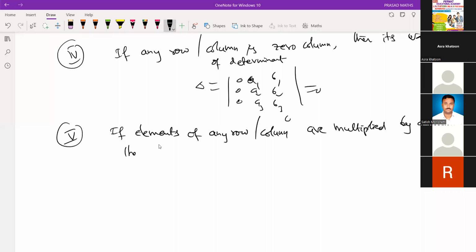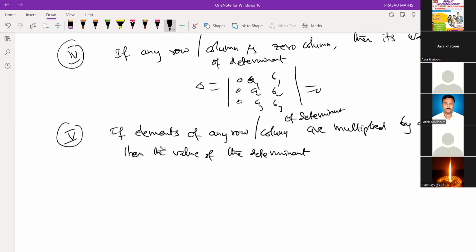Then the value of the new determinant is that same scalar times the old determinant.